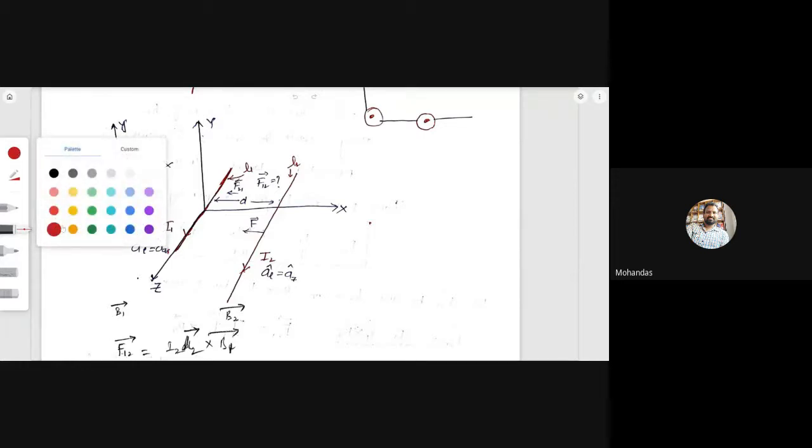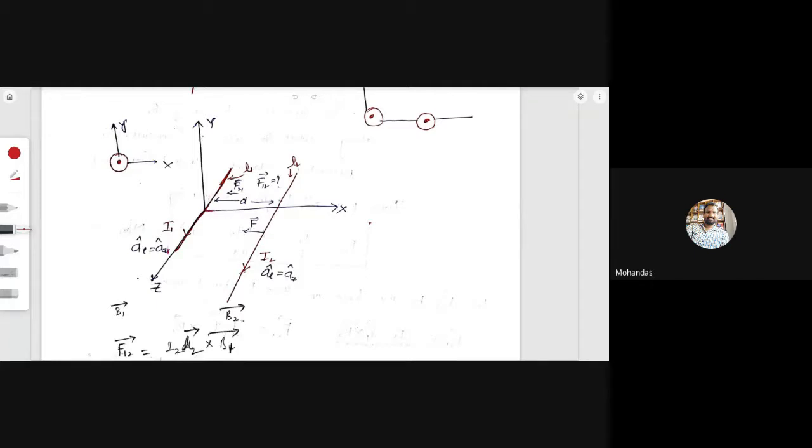Here we are taking the coordinate system differently. This is our regular axis. This is our x-axis, and this is the y-axis. Generally we take it as x, y, z.